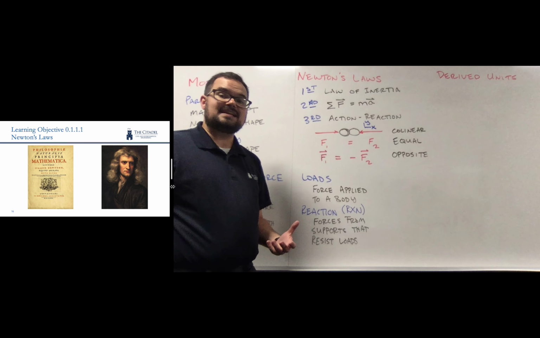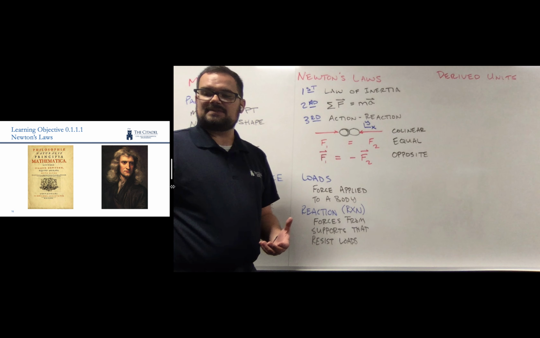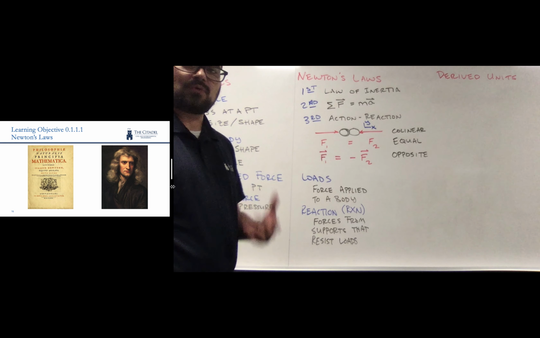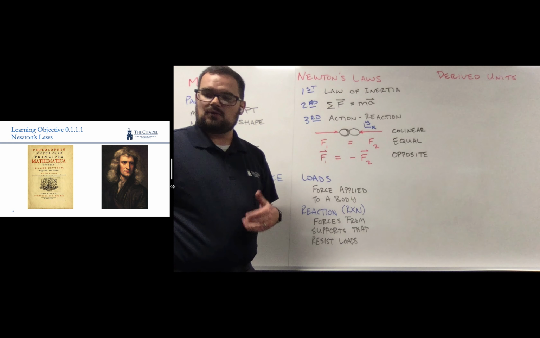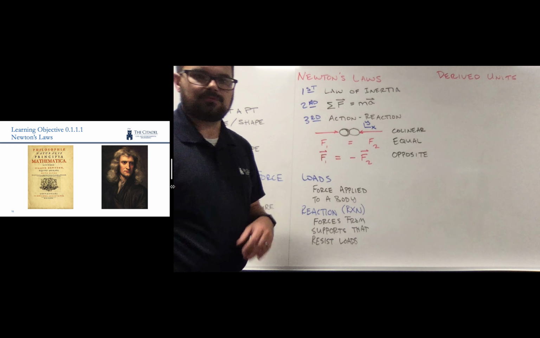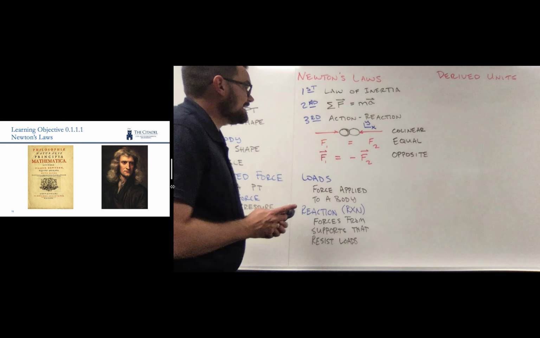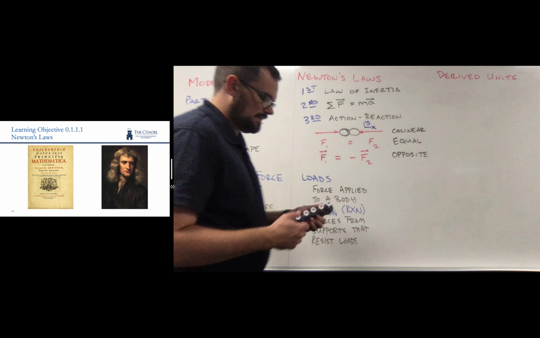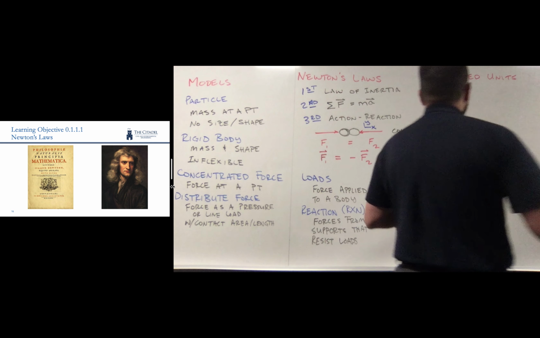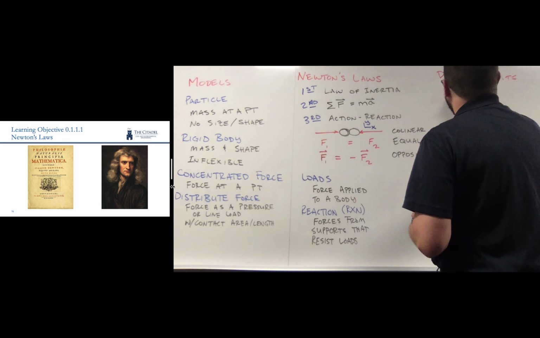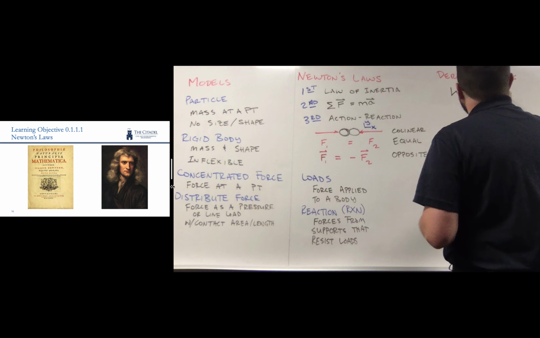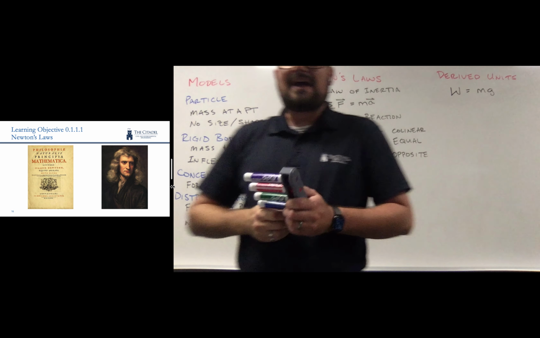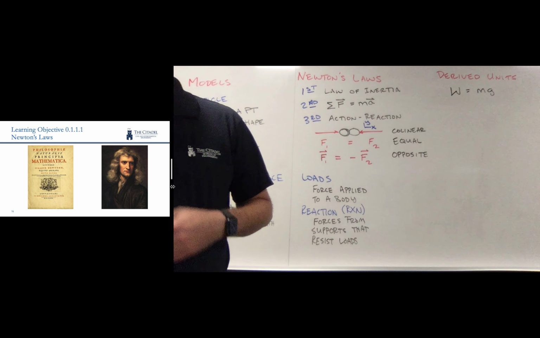Of course, all of these things combined together give us the idea of gravity or weight, which you can read about in your textbook, the base form, but we're going to typically think about this in terms of weight is equal to mass times gravity. So weight is equal to mass times gravity, where gravity is the acceleration due to gravity.